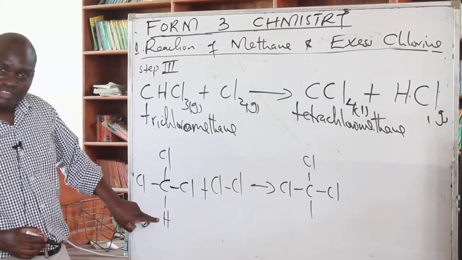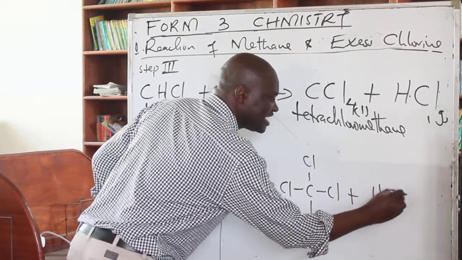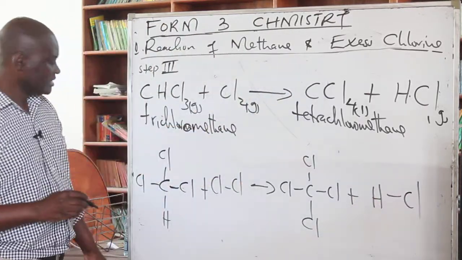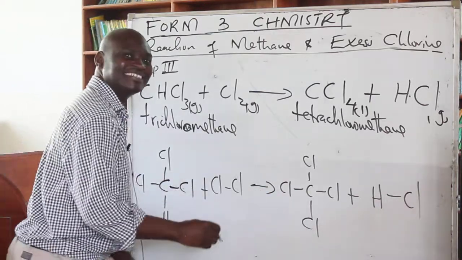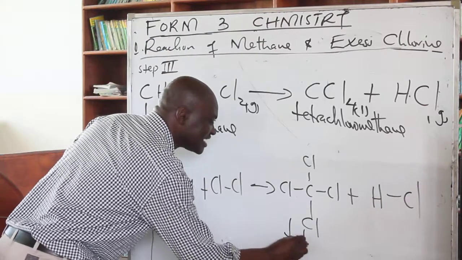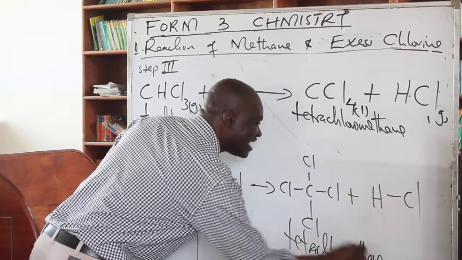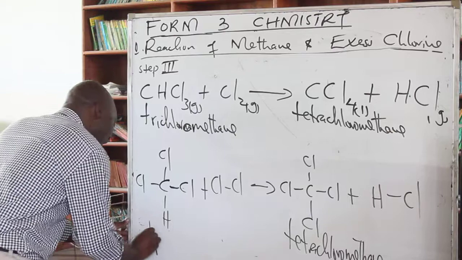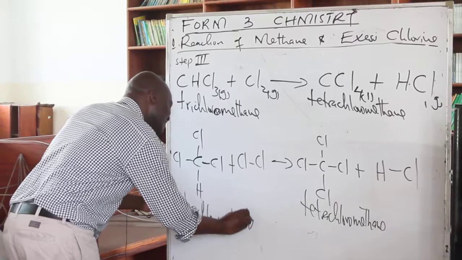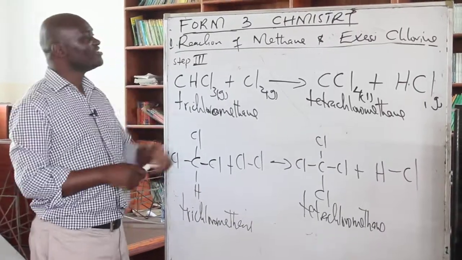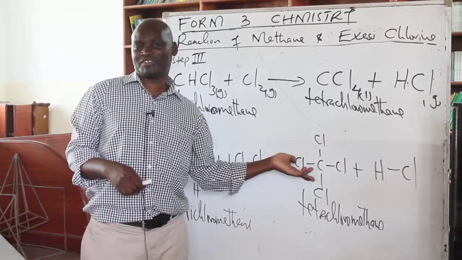Now where we had hydrogen, the chlorine will come in. We have chlorine plus hydrogen chloride. So this is what is called tetrachloromethane. This is trichloromethane. This is what is called complete substitution, up to where we don't have any hydrogen left.